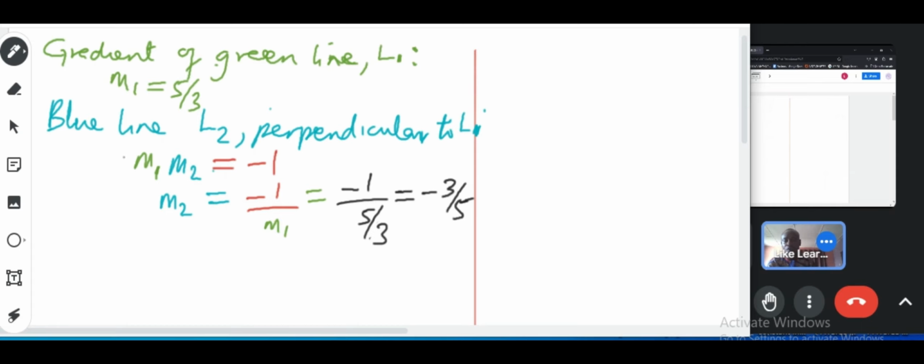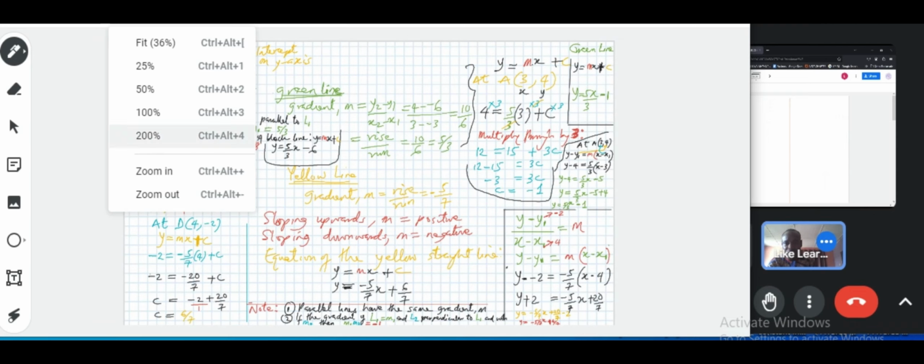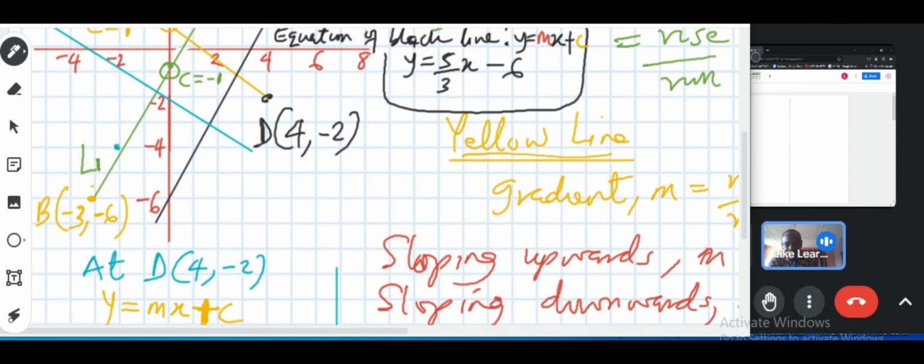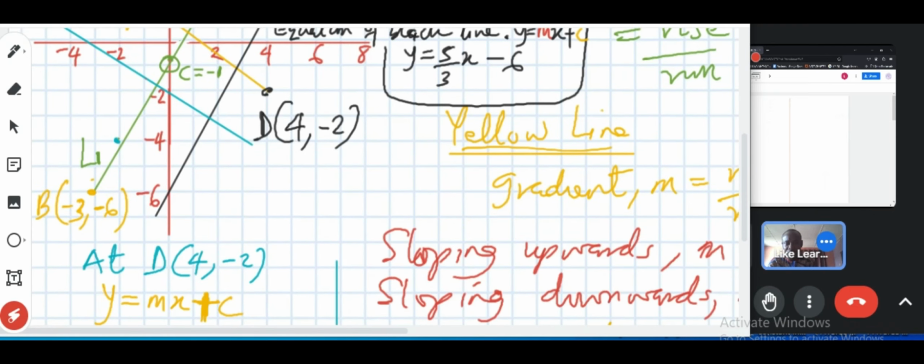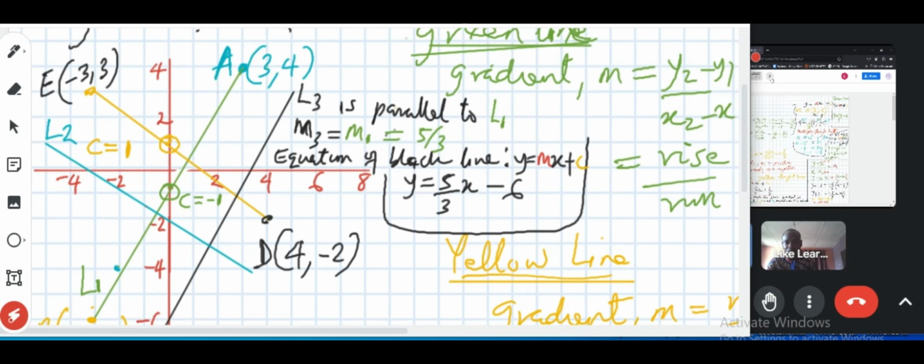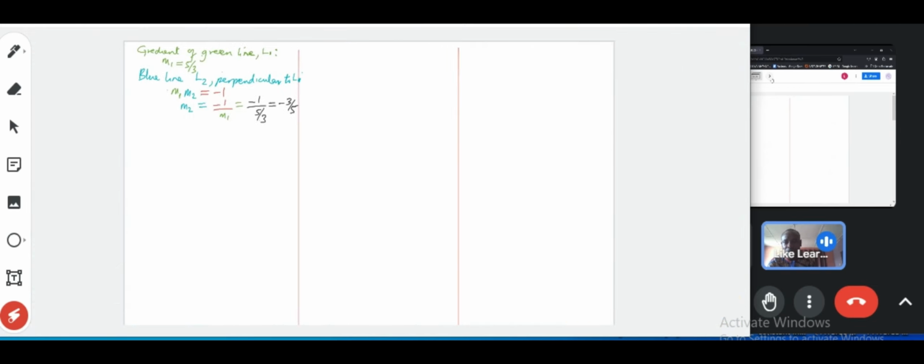Okay, so we know the intercept of the blue line. What's the intercept again? The intercept of the blue line, I think, is minus 2. Minus 2. The intercept is minus 2. So we can easily get the equation of the blue line.